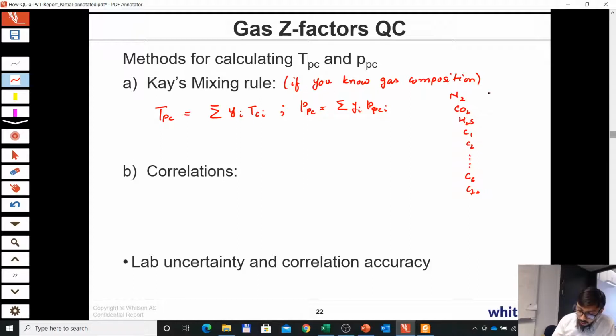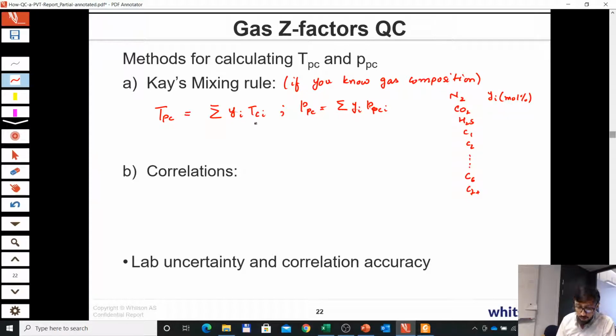You need these amounts in mole percent or mole fraction, whatever. You need the component amounts for all the components. Now we know that all these components like nitrogen, CO2, H2S until C6 are pure components, so you know the actual TC and PC for these components, and you can use them to calculate the TPC and PPC here.